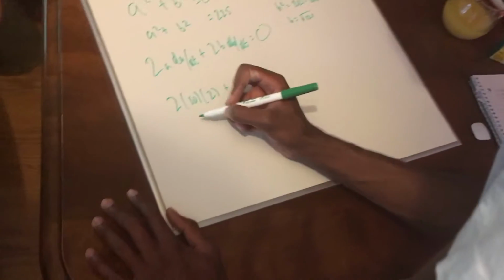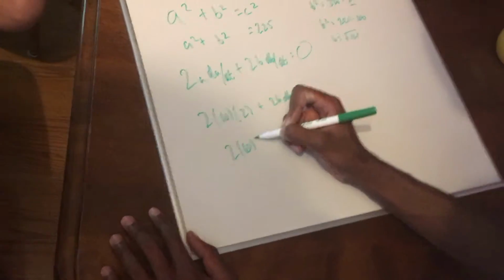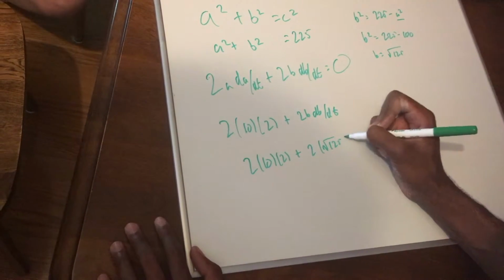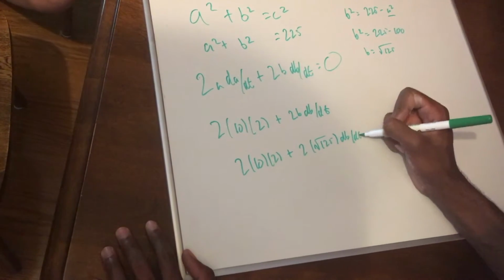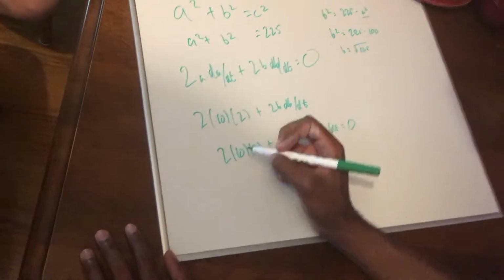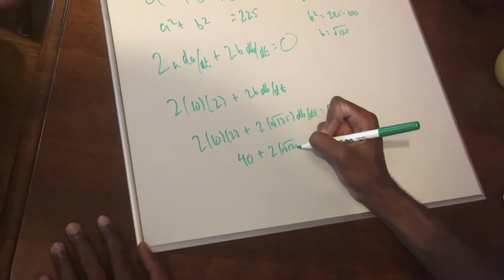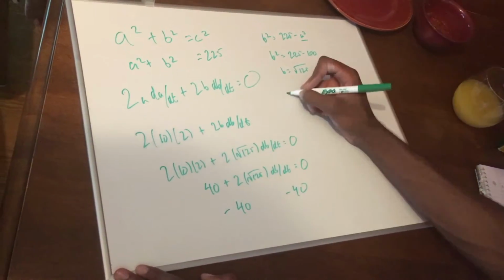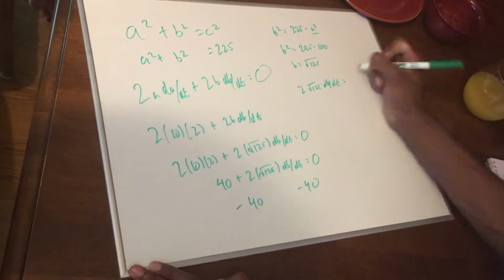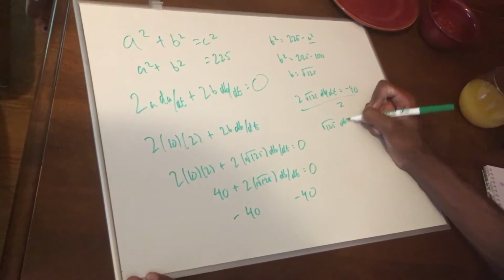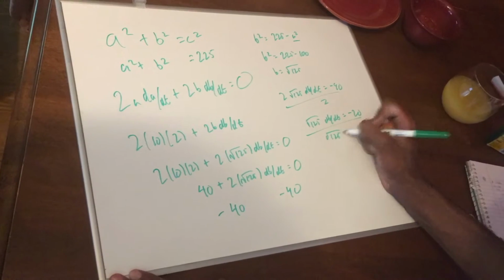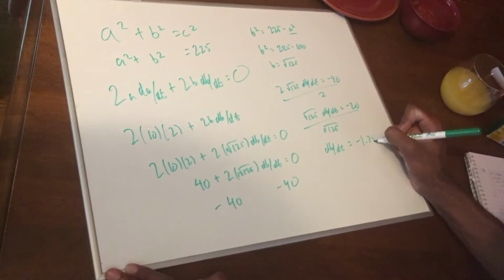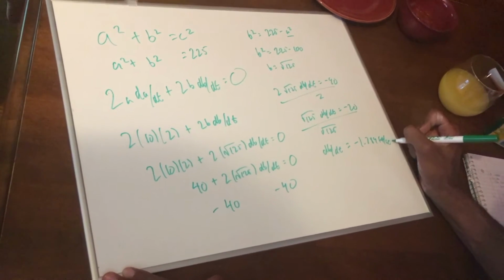Then plugging that in, 2 times 10 times 2 plus 2 square root of 125 dB/dt equals 0. And then plugging that into your calculator, you get dB/dt equals -1.789 feet per second.